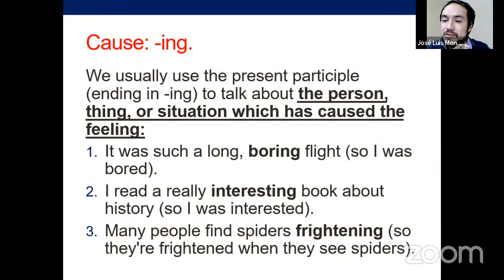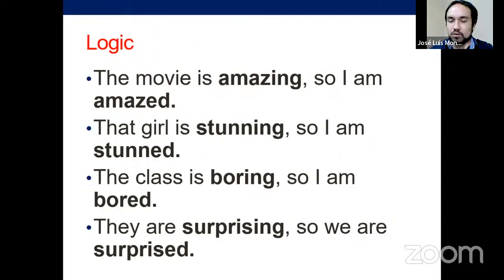But remember this, guys, the only thing that is different to what you said, because what you said is correct, the only thing that we change is that ing is not only for situations or things, it is also for people and animals, okay? Because it's anything that can produce or cause that feeling, all right?